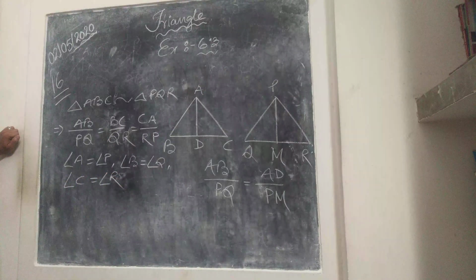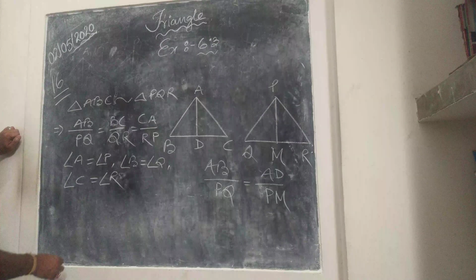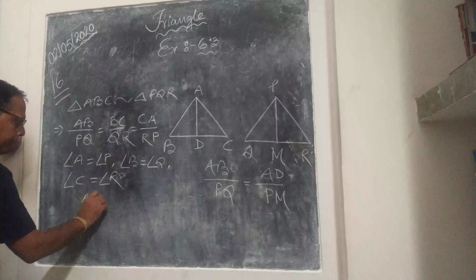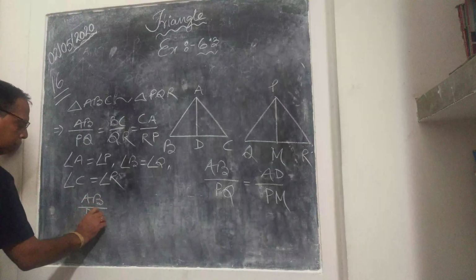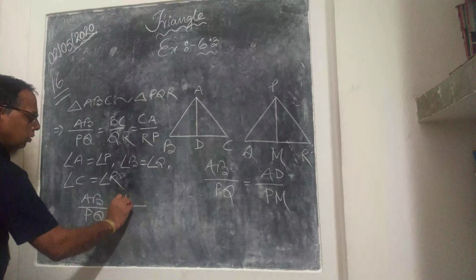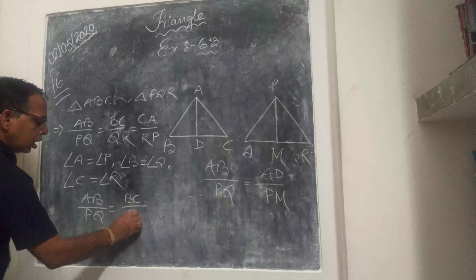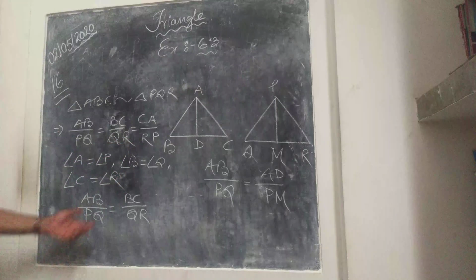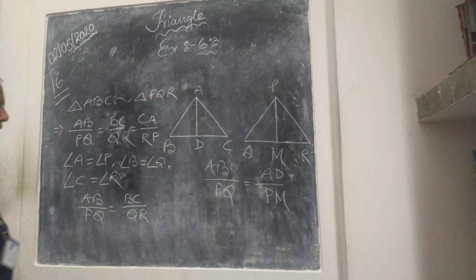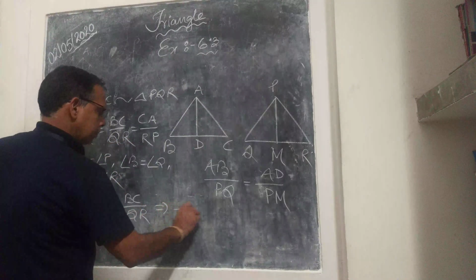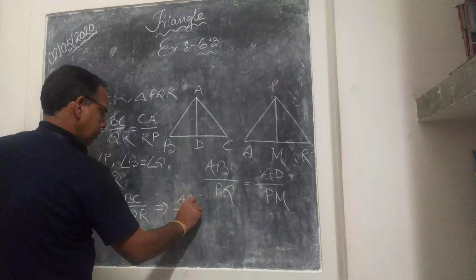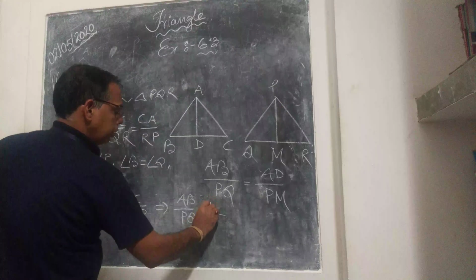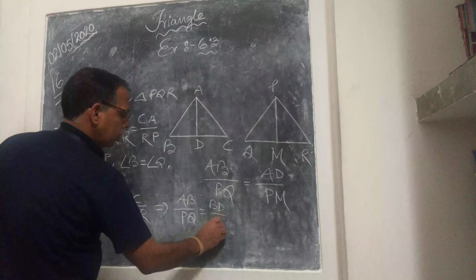Then what will happen? According to that, see AB by PQ equal to BC by QR. All the three are equal, so I can take according to my needs. So then implies AB by PQ equal to BD by QM.